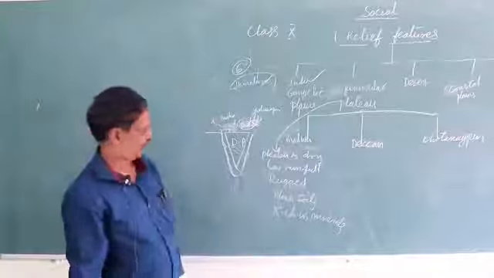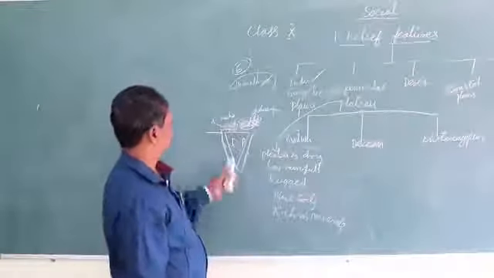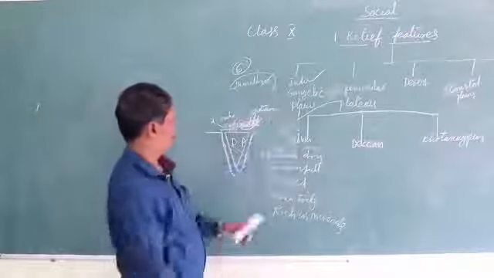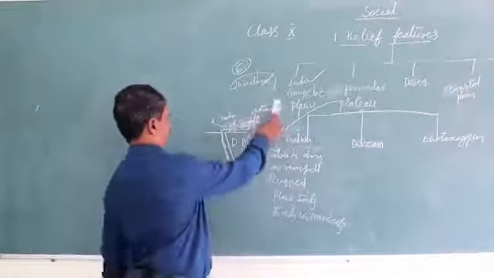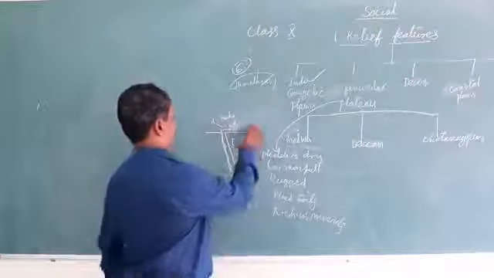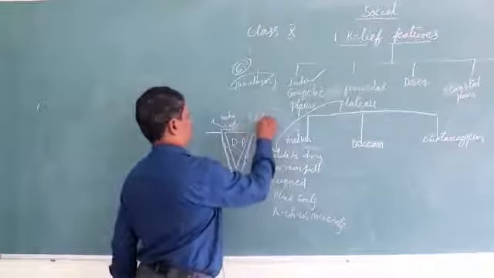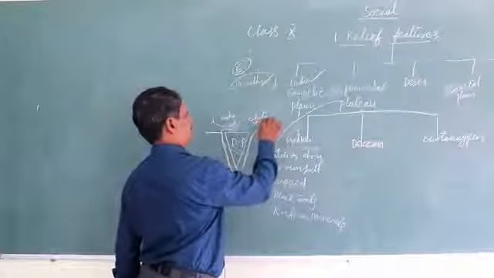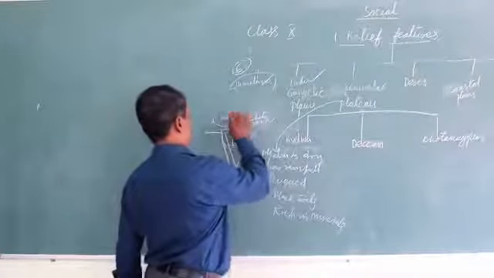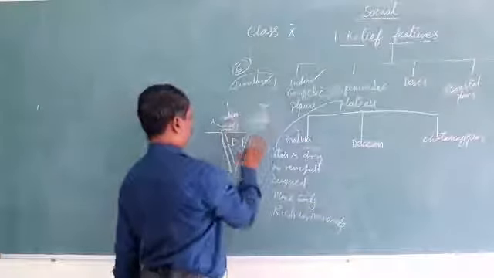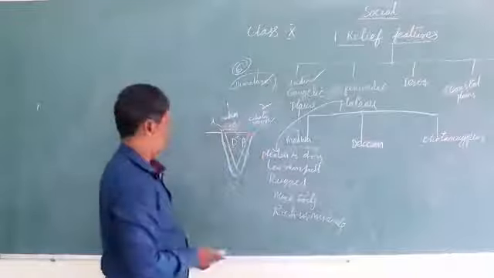Okay, peninsular plateau. So we have three kinds of plateaus: Chota Nagpur, Malwa, and Deccan. 1, 2, 3.